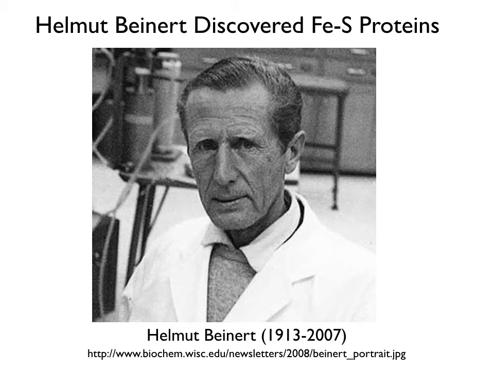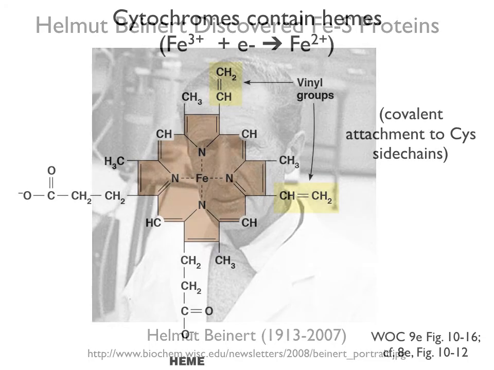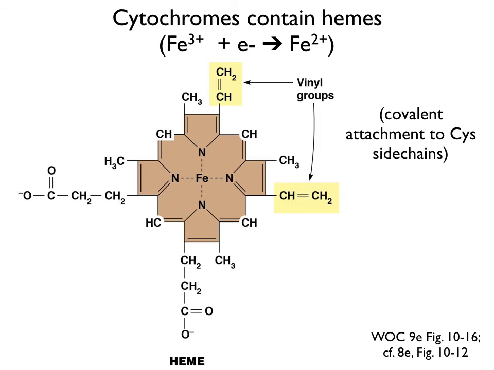Okay, so actually, let's look at one of these electron transfer molecules that we've already mentioned, and that's a cytochrome. So let's look at it. Cytochromes have heme groups, and what we mean by a prosthetic group is you've got this molecule, and then there is a region of this molecule that is attached to the rest of the molecule by covalent linkages that can coordinate with an iron atom, and that iron atom can have different redox states.